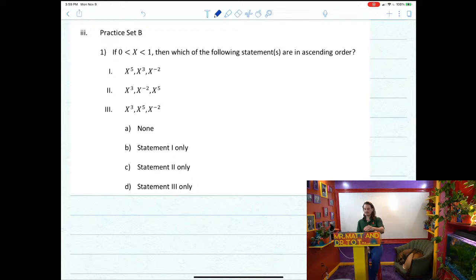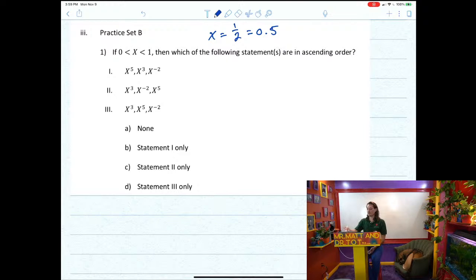Okay, so if x is in between 0 and 1, as the domain interval 0 less than x less than 1 tells us, we could pick x to be some value in between that interval, let's say 1/2, or if you want to work with a decimal, you can say 0.5. You could plug those in and see which are in the correct order.